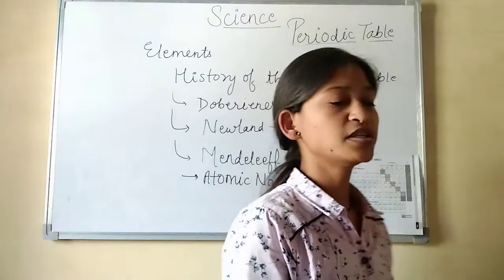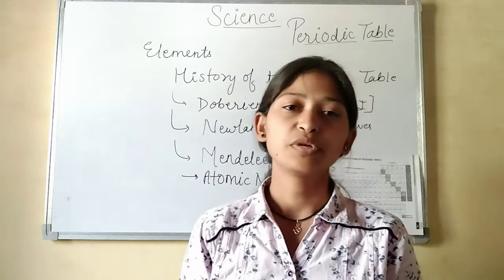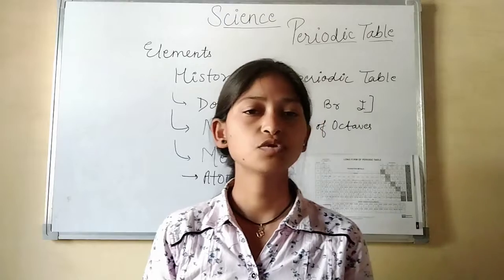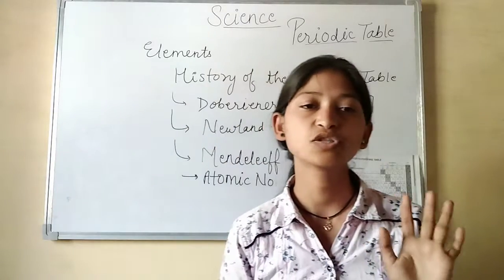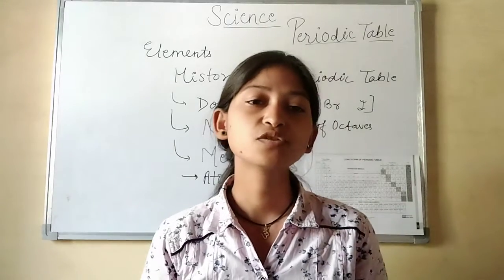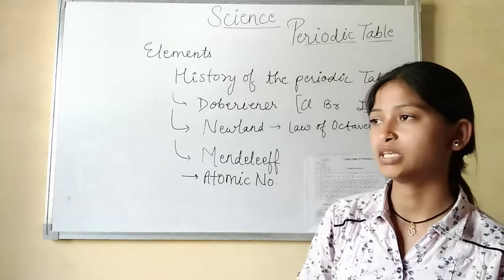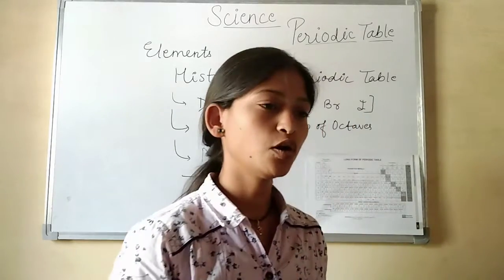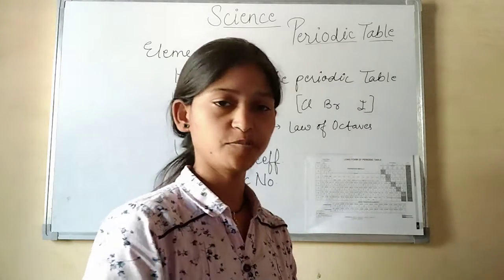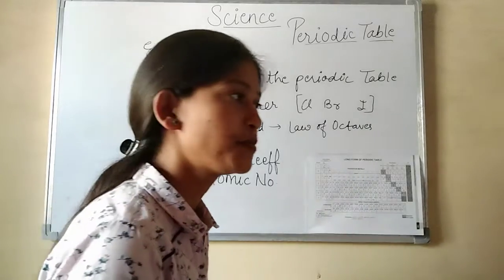But some demerits of Mendeleev's table were that there was no proper place for the hydrogen element, no space for the isotopes of the elements, and also no space for newly discovered elements. Nowadays, if you discover any element, you can't place it in Mendeleev's periodic table. So this periodic table was also discarded.